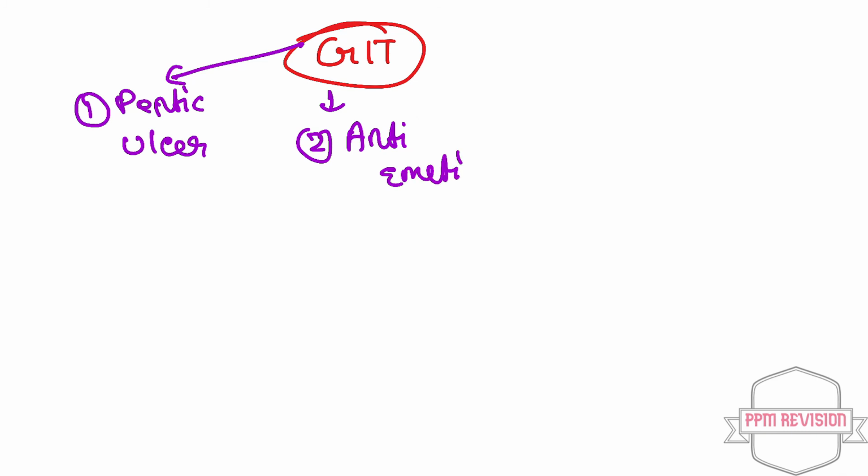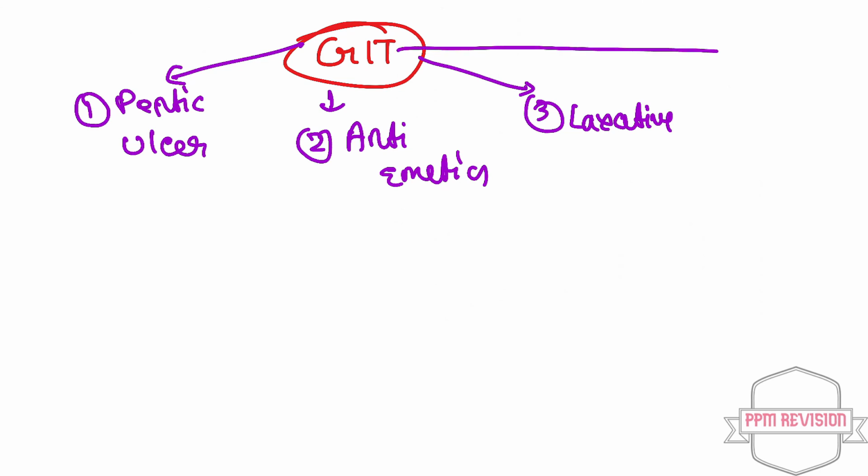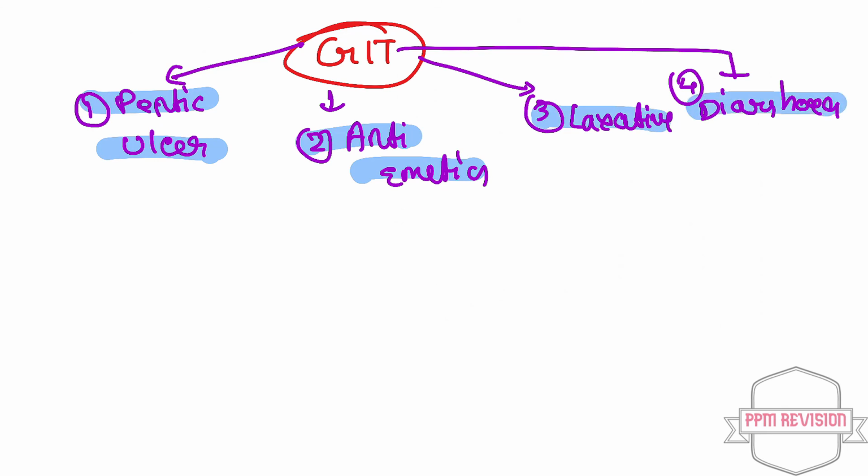Third, we have seen the laxatives that are used in constipation. And the fourth, we have seen the diarrheal drugs for diarrhea. So as soon as the GI topic is being spoken, we need to reflect on these diseases. There is nothing other than this: diarrhea, laxatives, peptic ulcer.